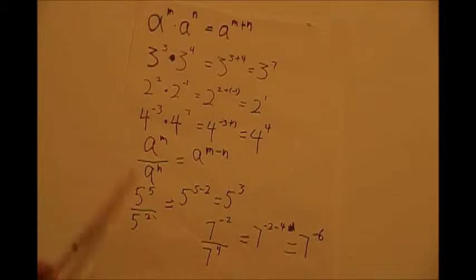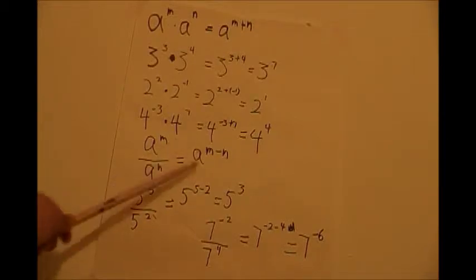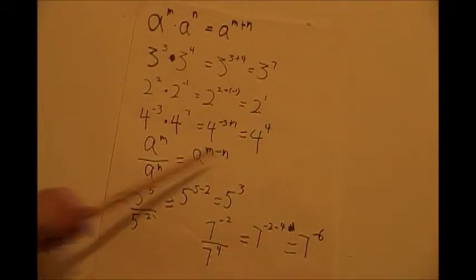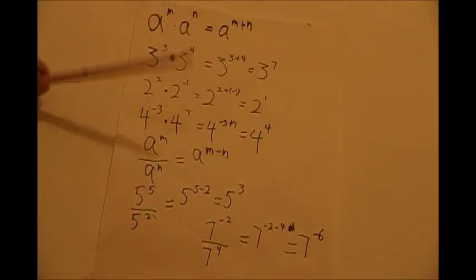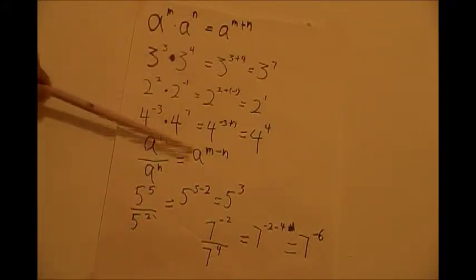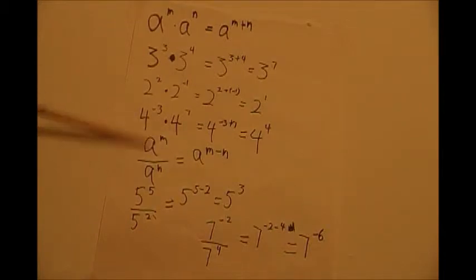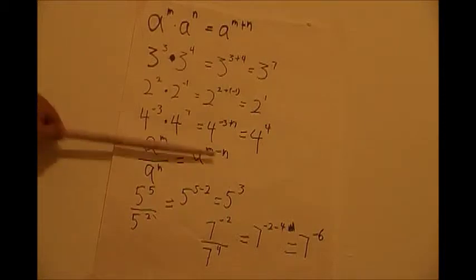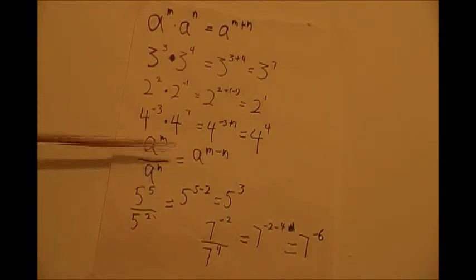Alright, now let's go to quotients, dividing two exponents together. So if we have a to the m over a to the n, the answer is going to be a to the m minus n. So another way of looking at it is the answer is going to be a, the base, to the top number minus the bottom number, right?